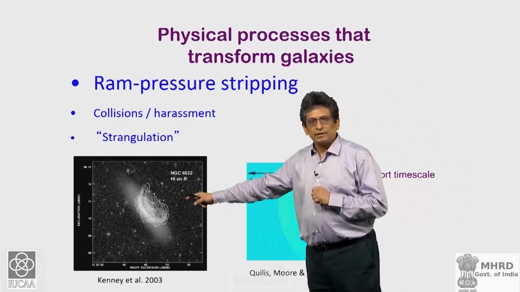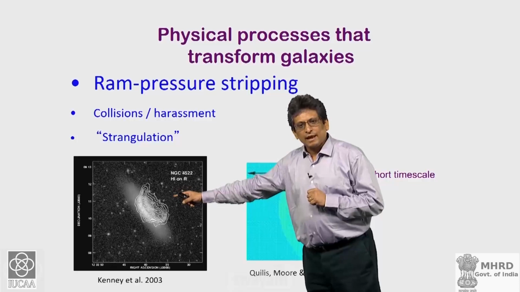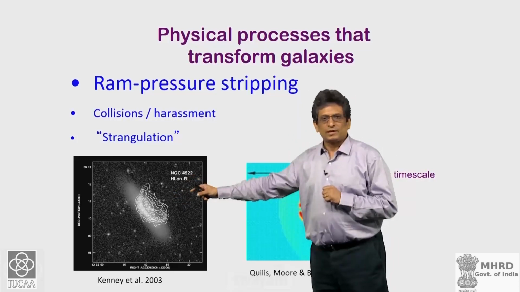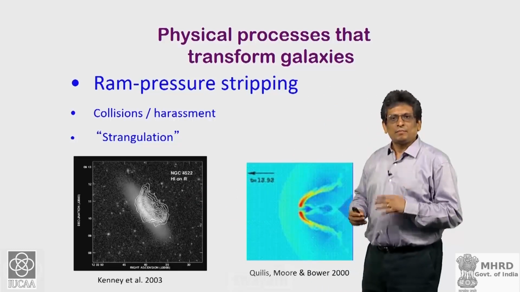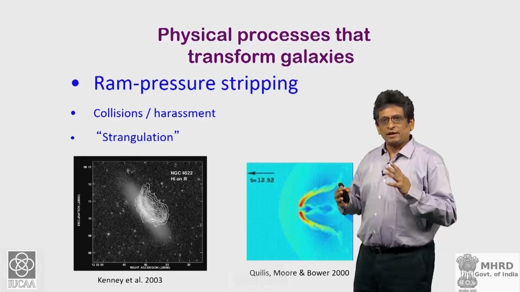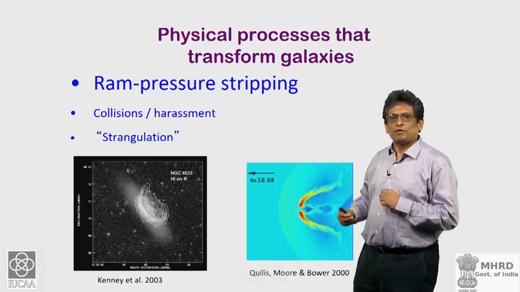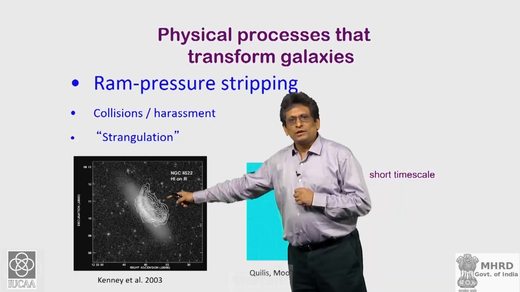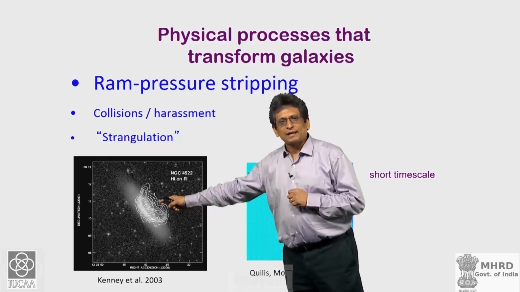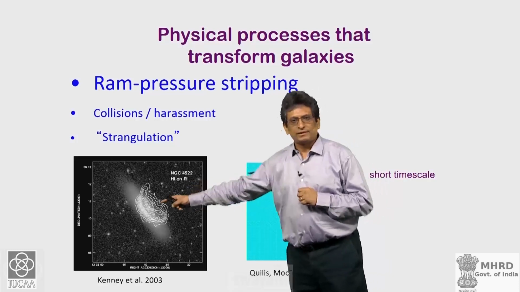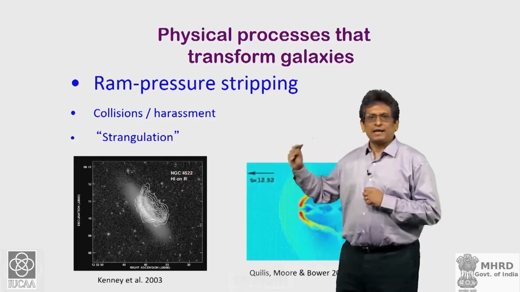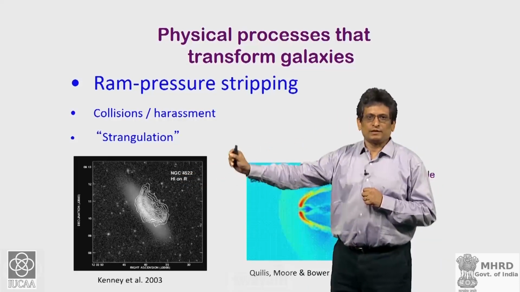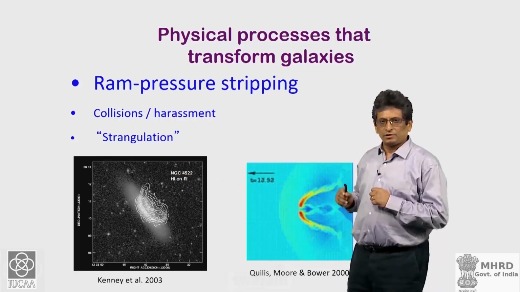And what would happen is that the intergalactic medium, which is the gas, mostly cold gas, but in the case of very heavy clusters it could be in the form of hot gas as well, would then take the gas out of the galaxy. The cold gas in the galaxy would be stripped off as the galaxy moves through the cluster, and this is known as ram pressure stripping.